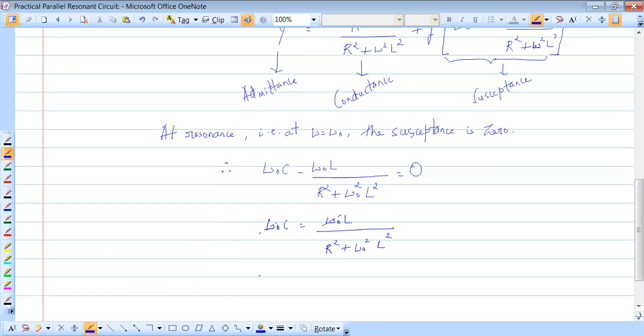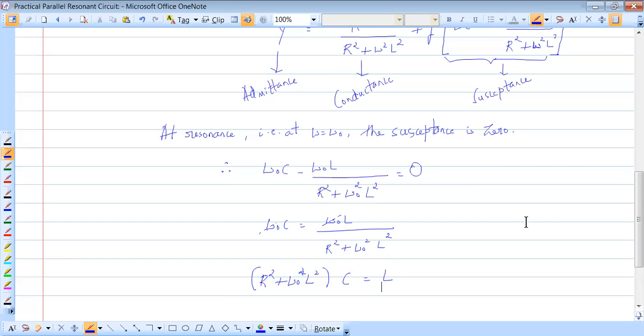So you're left with R square plus omega naught square L square into C equal to L. Understand that?